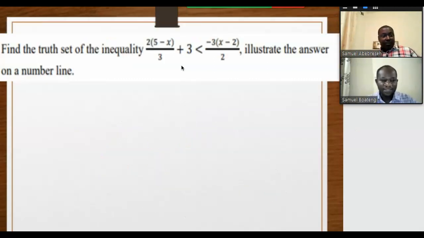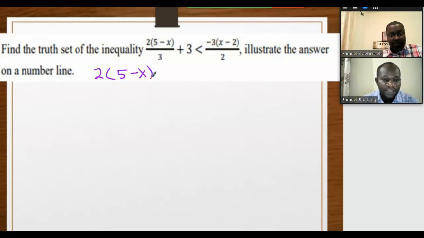Yes. So let's take our last question. Find the truth set of the inequality: the fraction with the numerator 2 times (5 minus x), over 3, plus 3, less than minus 3 times (x minus 2), over 2.